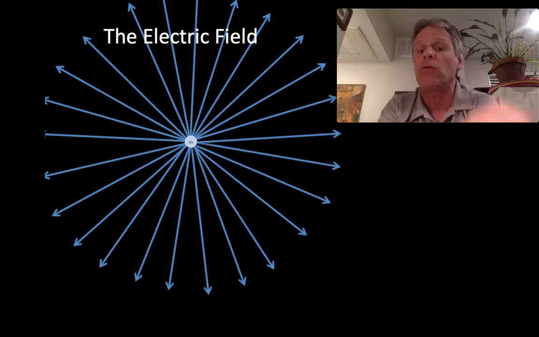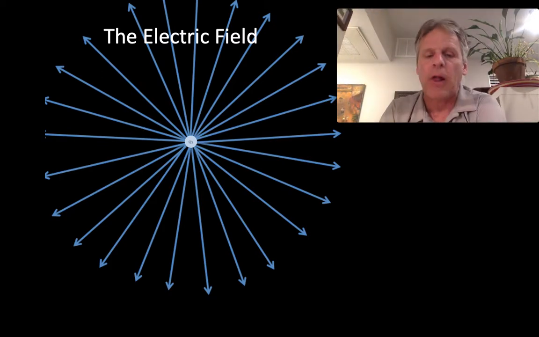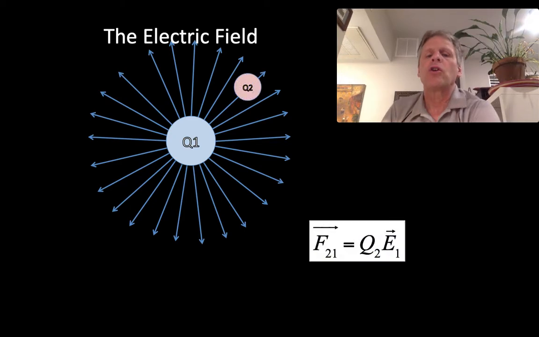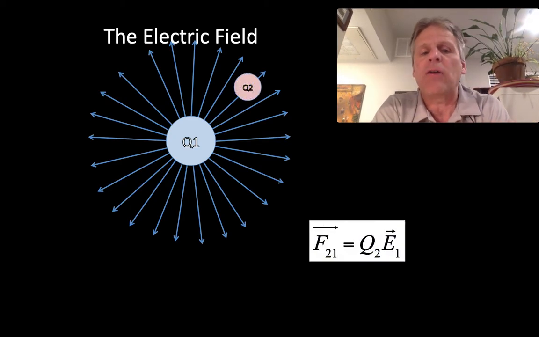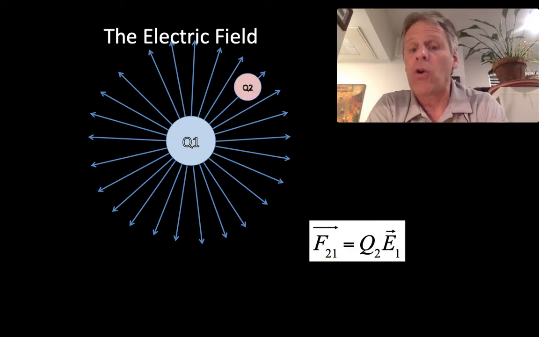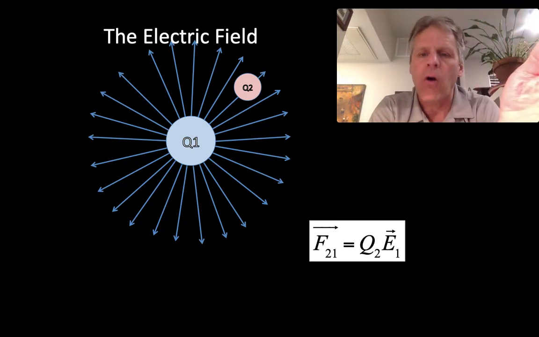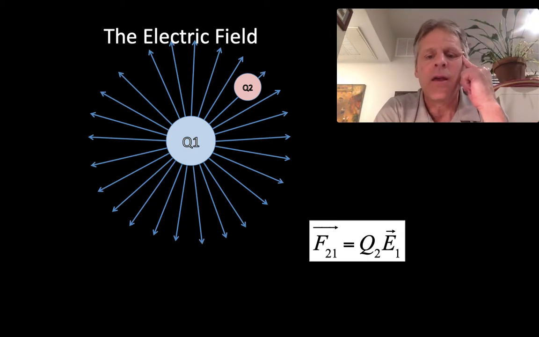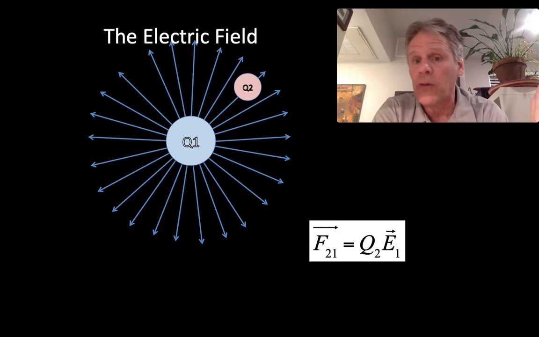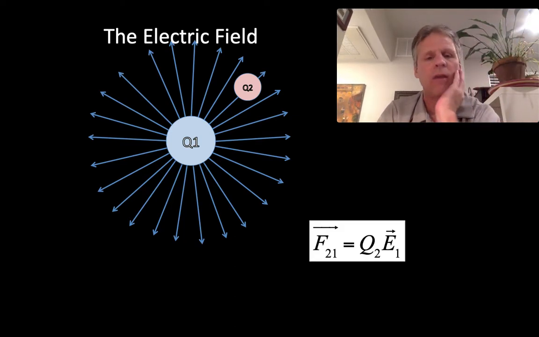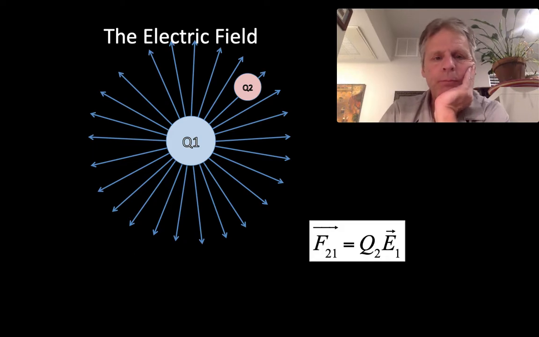If we bring a Q2 in and we multiply the electric field by Q2, we will get the force on charge 2 from charge 1. So, mathematically, it just says that the force on charge 2 from charge 1 is equal to Q2 times E1. This quantity we're just calling E1. And notice the vector signs there. And we'll get to that in just a second.